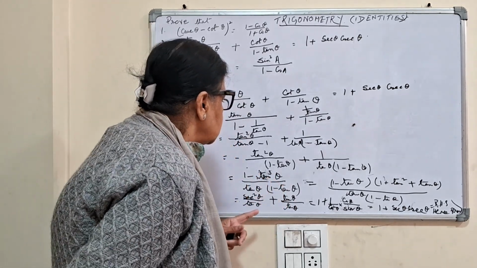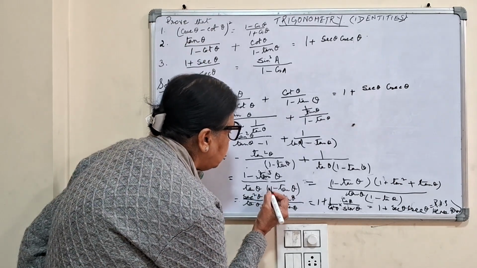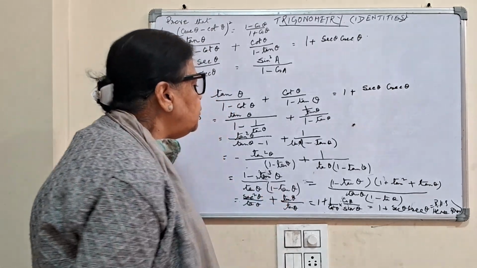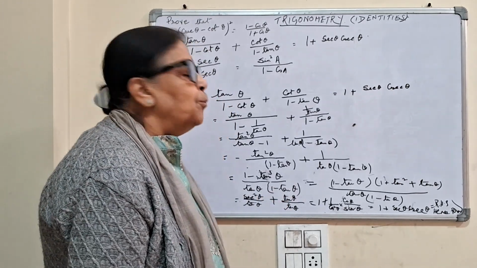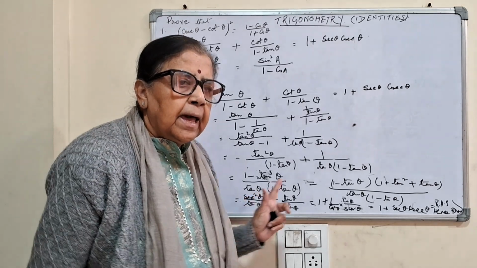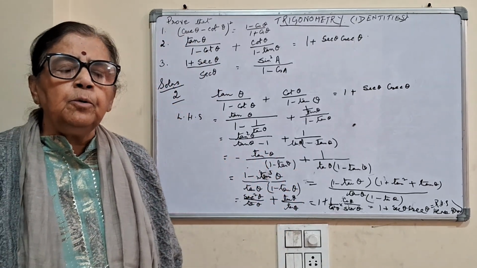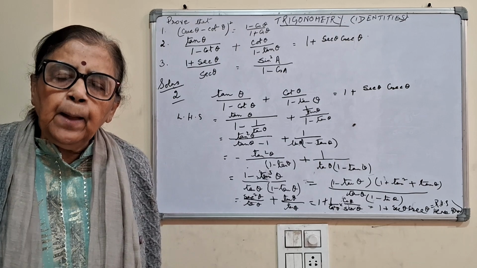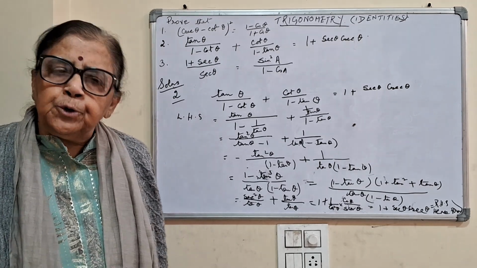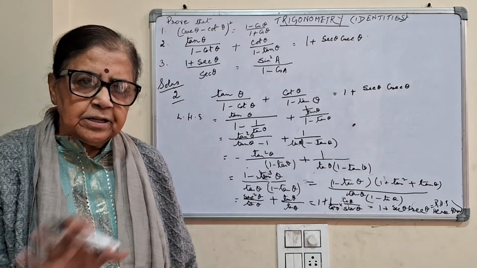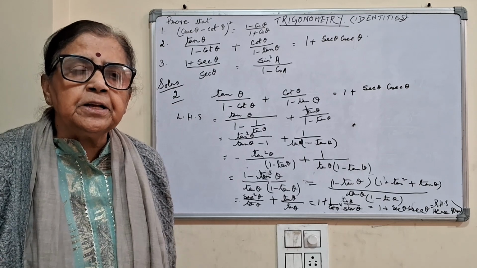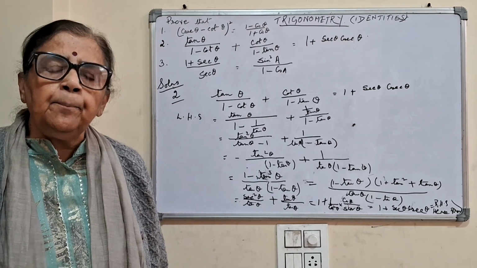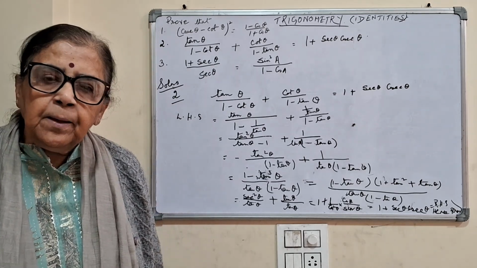I know the formula for a cube minus b cube. What is the formula? It is a factorization formula: a minus b into a square plus b square plus ab.